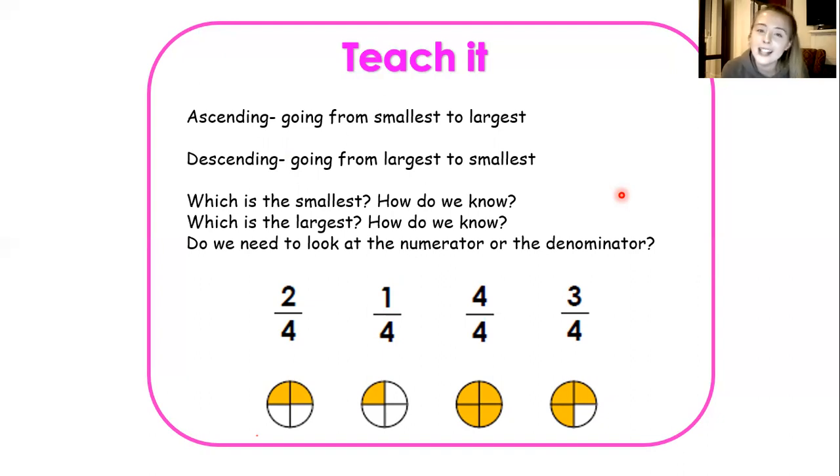So 2 quarters, 1 quarter, 4 quarters, which is the same as, you can see it there, can't you? It's the same as 1 whole, isn't it? And 3 quarters. They are all circles that have been split into 4 equal parts. Now, looking at the numerators, which fraction is the smallest and which fraction is the largest? Pause this with me now and tell me, or a grown up in the room.